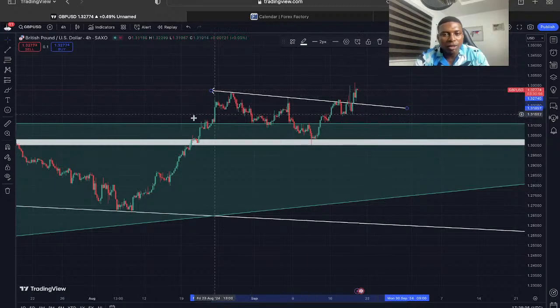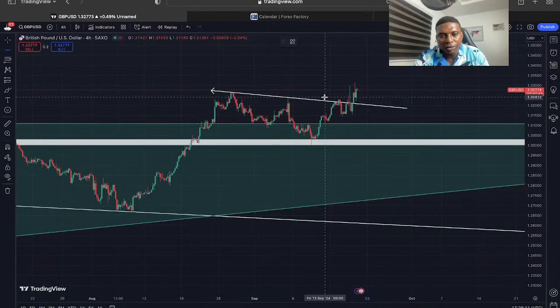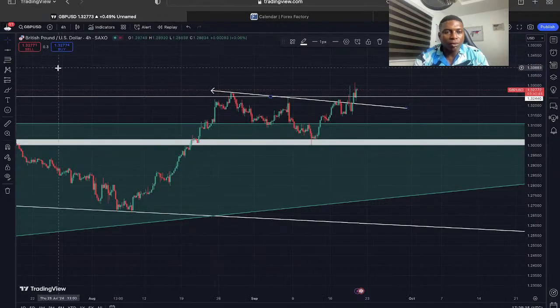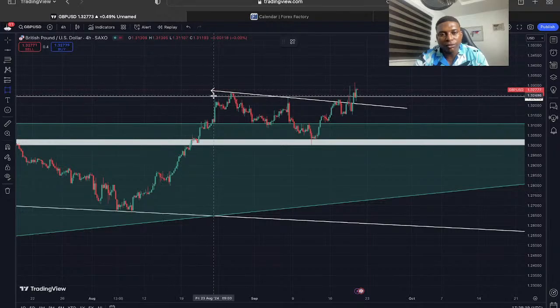Let me just get the straight line. So we can see that there was a breakout from this level.